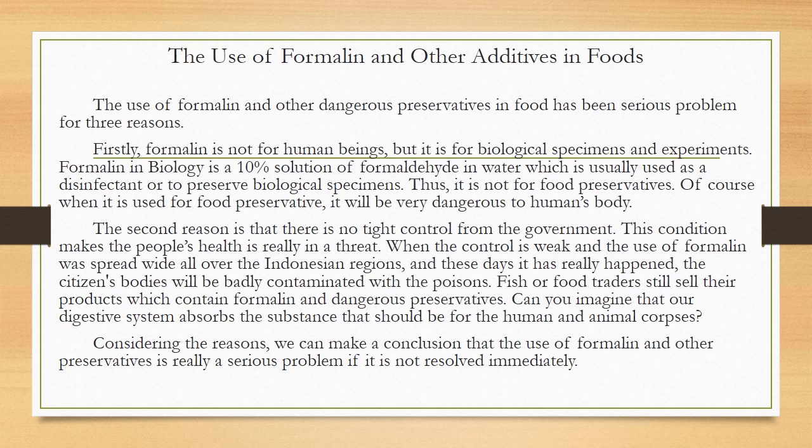Besides that, this text also functions to persuade the readers about the writer's position related to the use of formalin and other additives in foods.